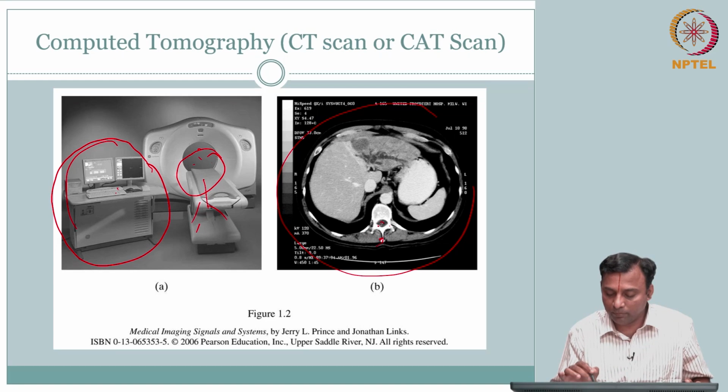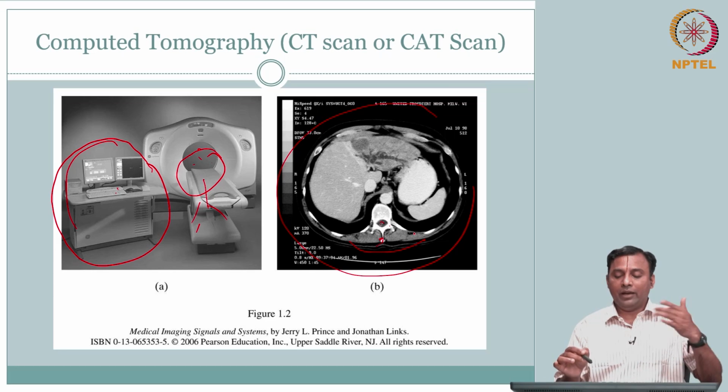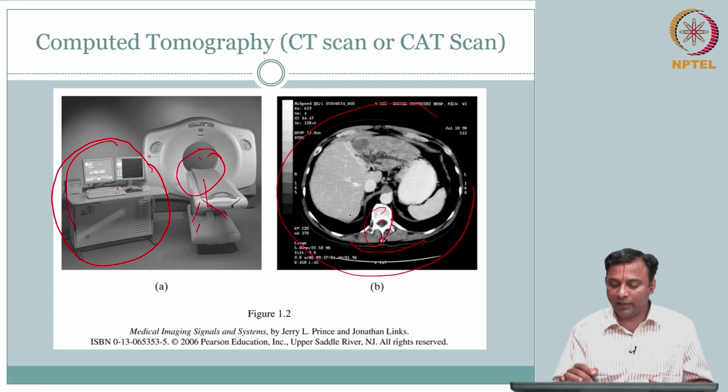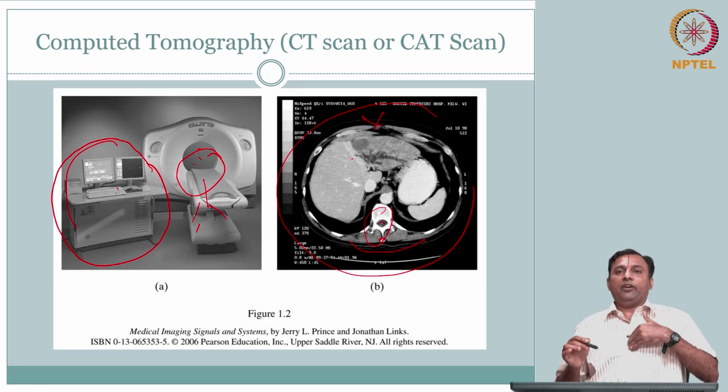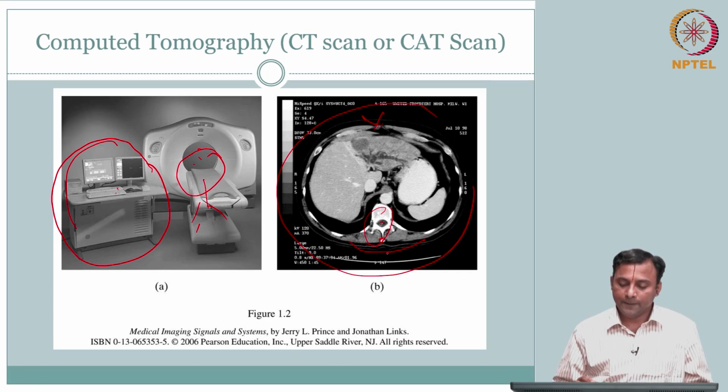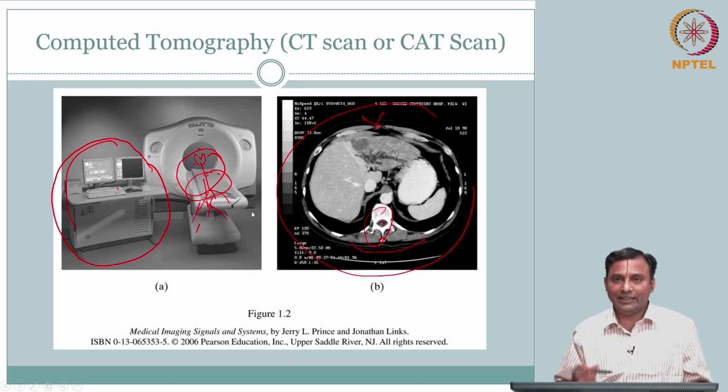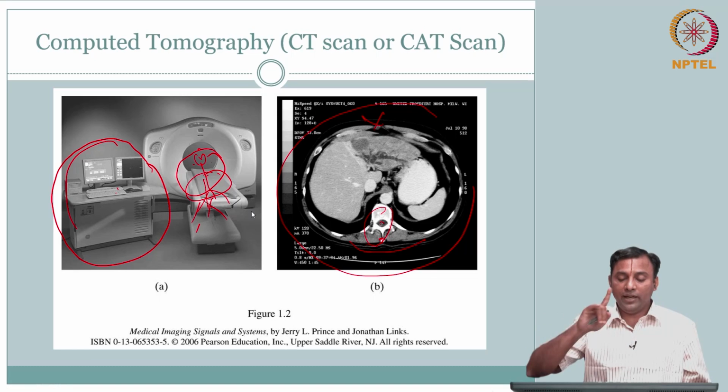This is your back, you're lying down. This is the back part, this is your spinal cord, and this is the front of the body. If you start to imagine me lying here, this is my front, back. So essentially this is an axial slice that is cutting through. Remember axial.